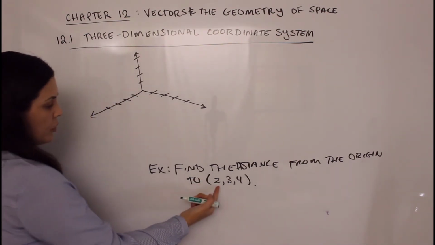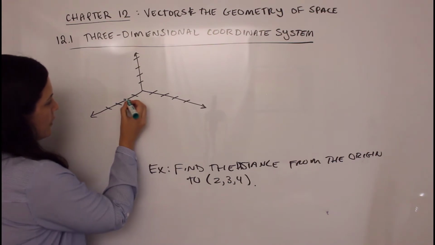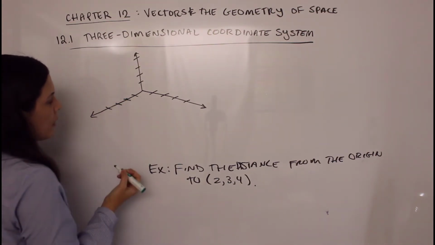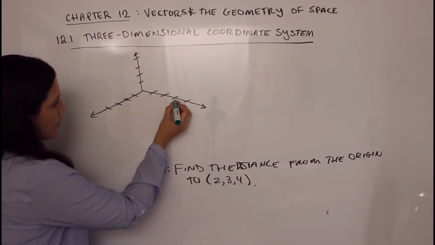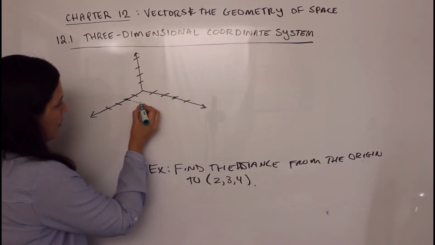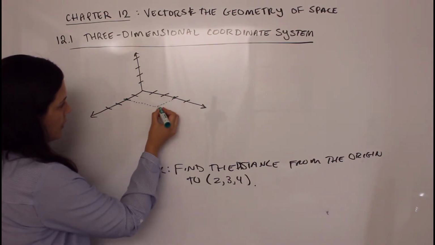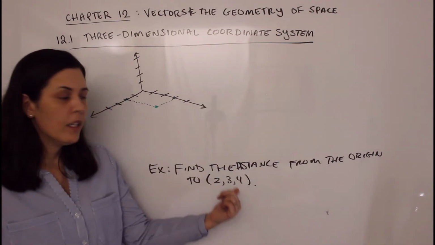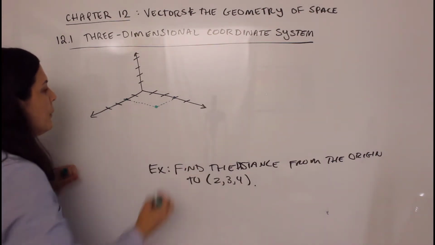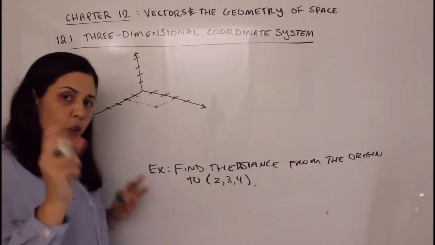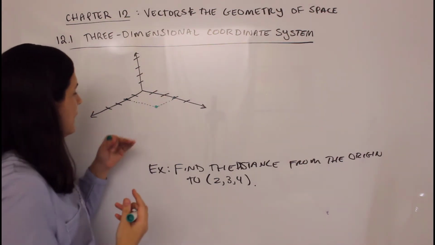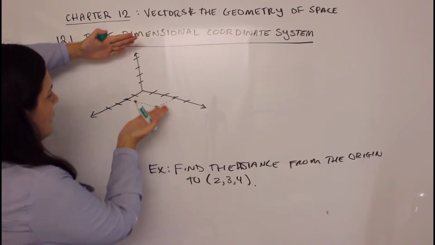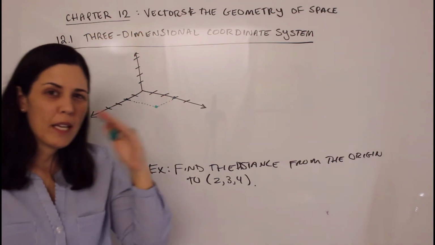So I'm going to go 2 in the x direction, positive 2 is here. Let me make myself a little mark. 3 in the y direction, which is here. And let me find where those two would meet. Okay, that's not my point because I haven't considered the z value yet. So now I have to go up to z is 4. This is the trickiest part to me because I have to remember that this system is not parallel with my eyes.